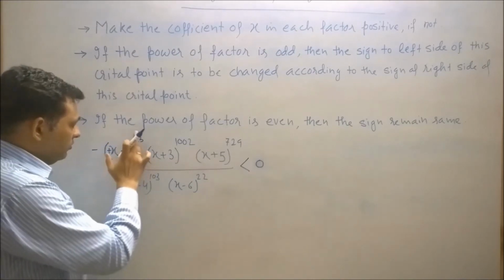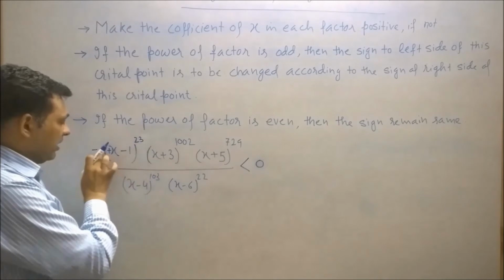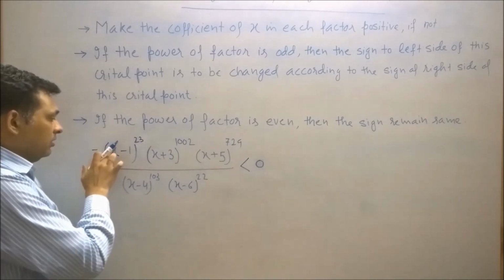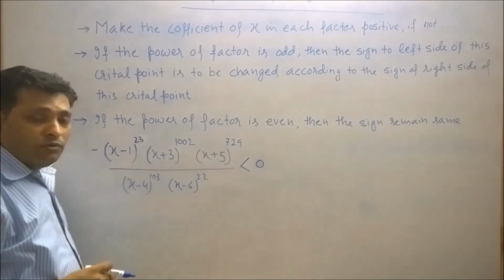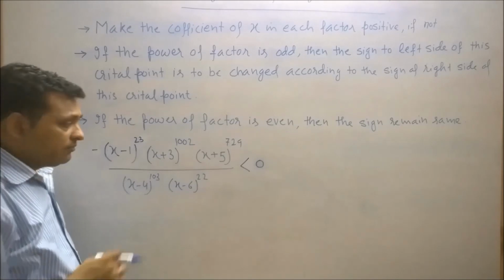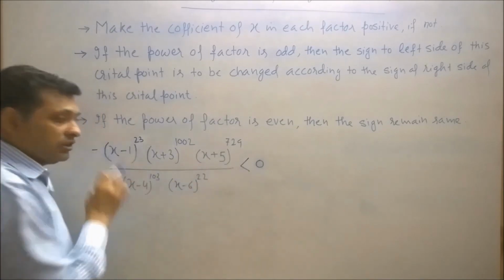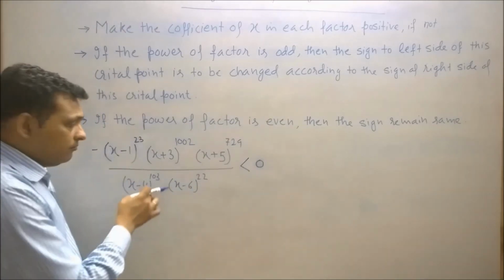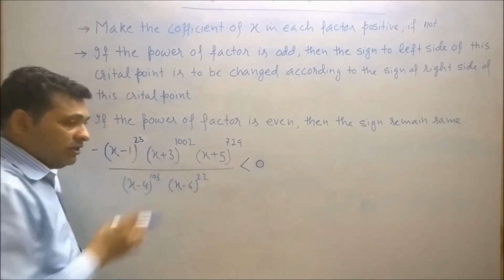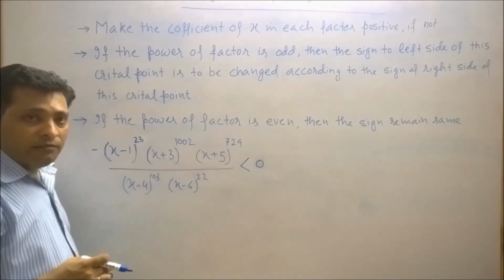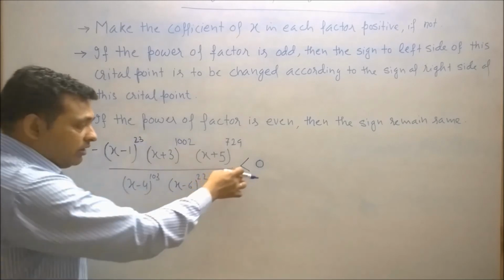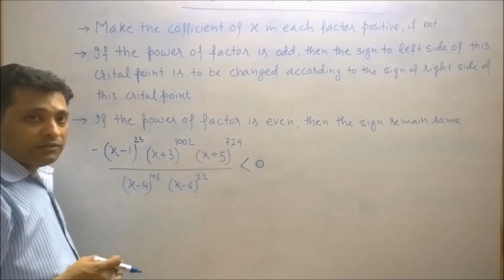Now we can write this factor as. Now we have to multiply by minus 1 on both sides of this inequality. Whenever we multiply both sides of an inequality by the same negative number, the sign of the inequality will be reversed.